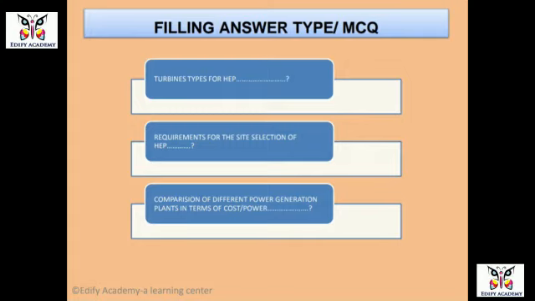This can be an MCQ, or multiple choice question, with four to five choices, where sometimes a single answer is correct, or sometimes more than one answer is correct. Next, the requirements for the site selection of HEP.